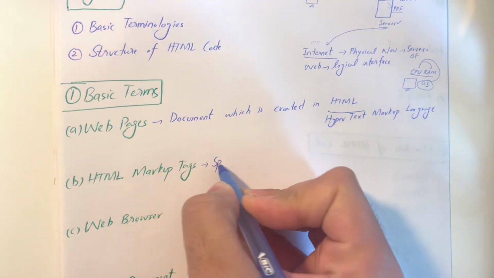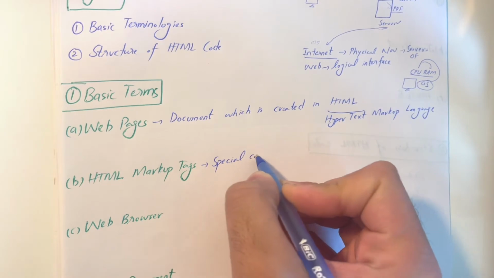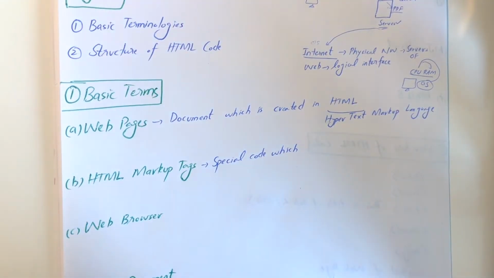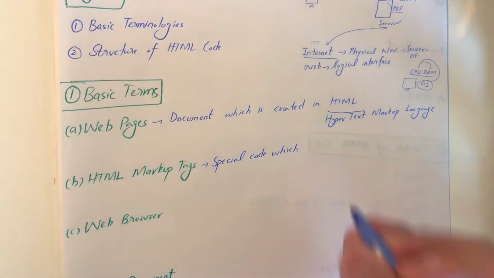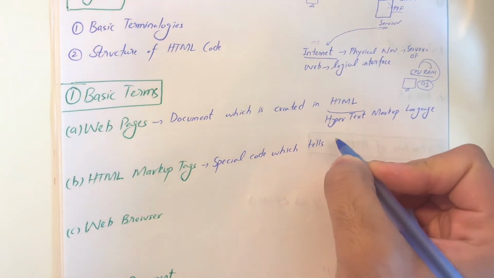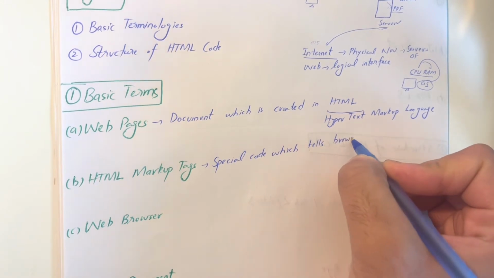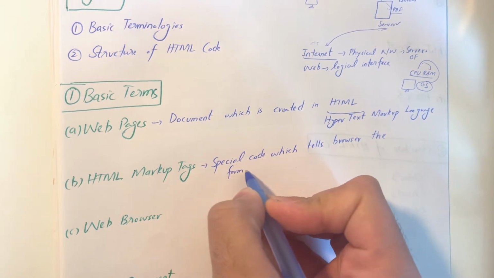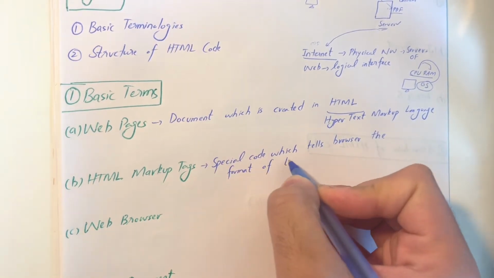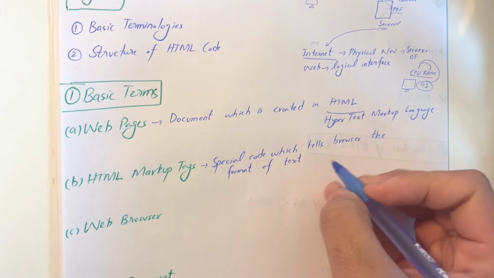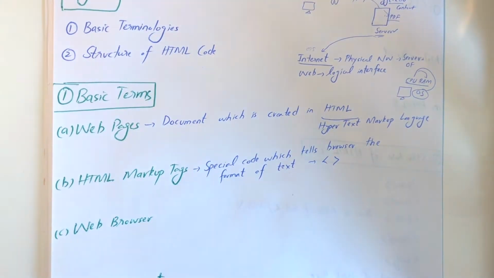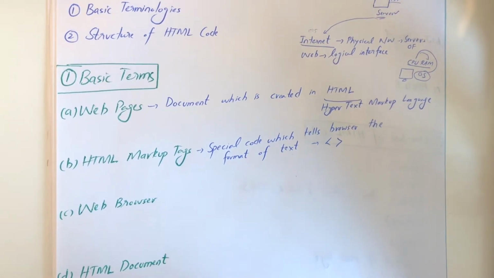Tags are special codes which tell the browser the format of the text, and they are surrounded by these two angle brackets. Just to give you a simple example, let's see what exactly it means and what kind of tags there are.